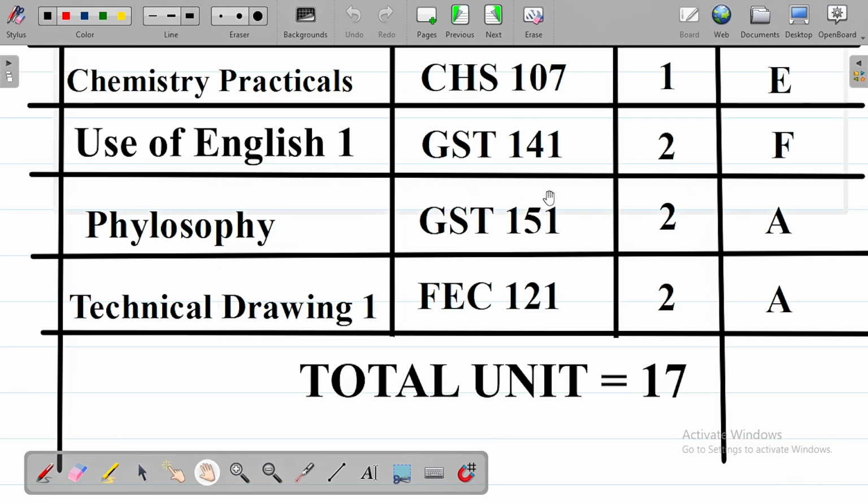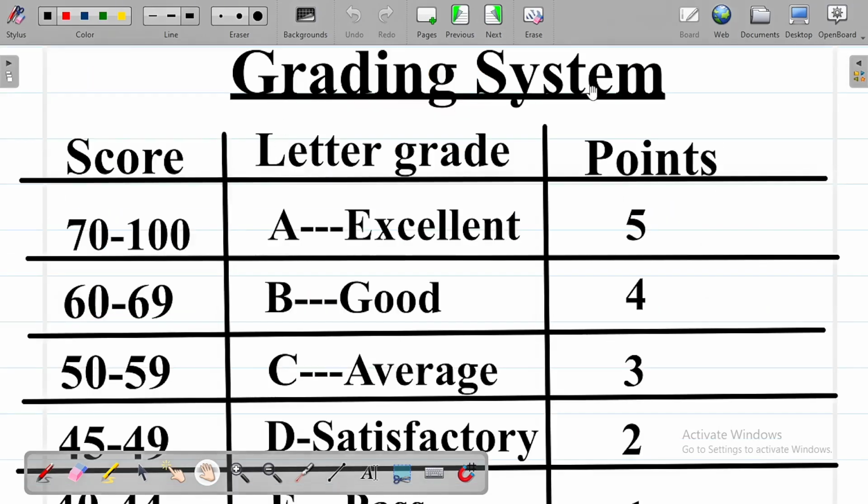All right, since we've gotten the total unit, which is 17, let's now check the grading system. If a student has 70 to 100 marks, the student automatically has an A in that course, and A is 5 points.